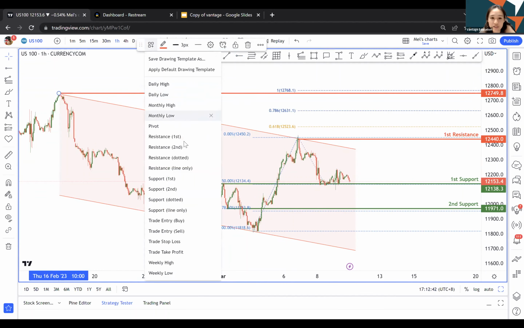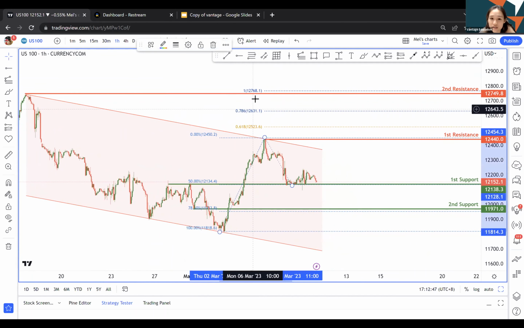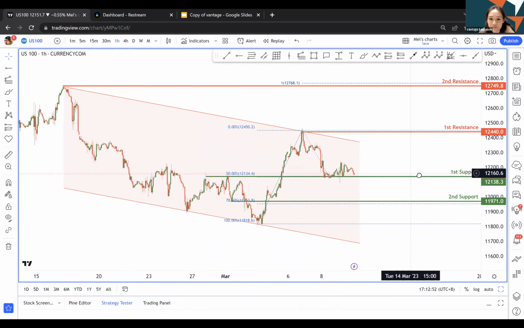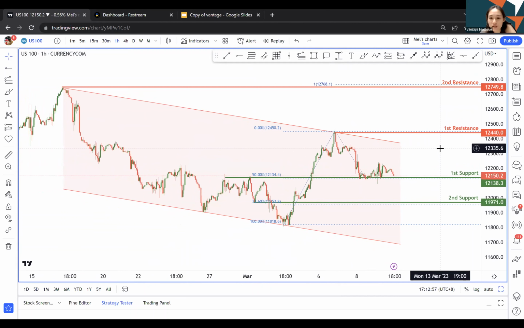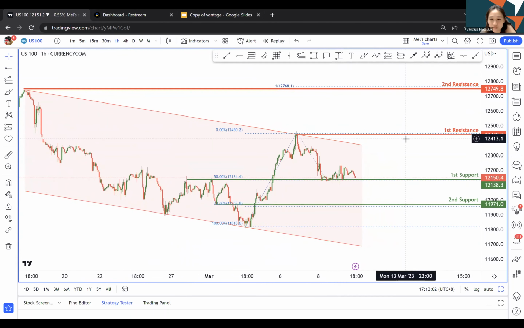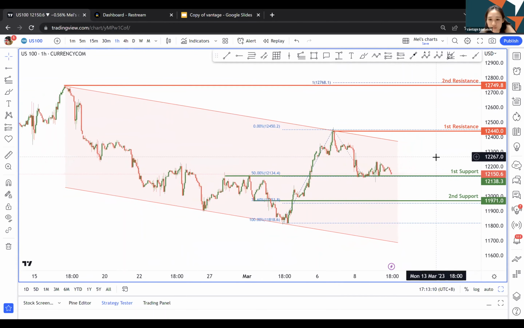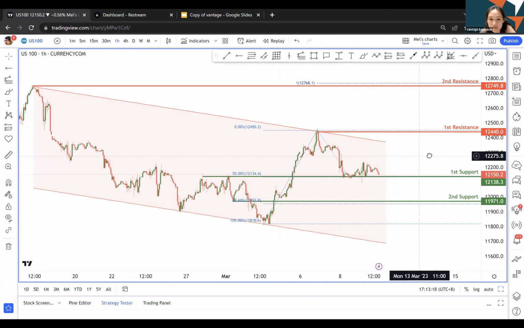Okay, I can see that I have a second resistance over here at our second swing high, and it lies in line with our 100% Fibonacci projection. So let me see if I can find any other Fibonacci levels. Okay, doesn't look like it.